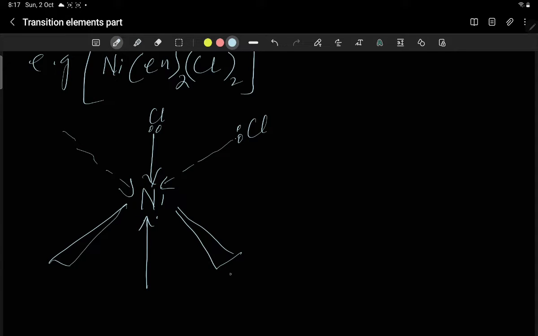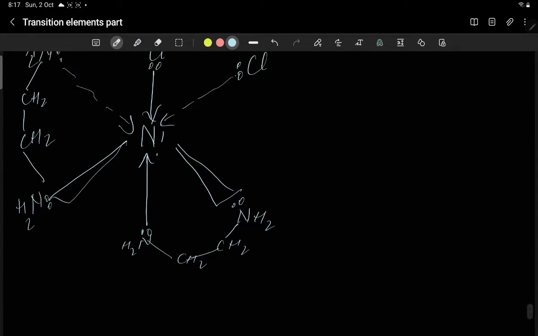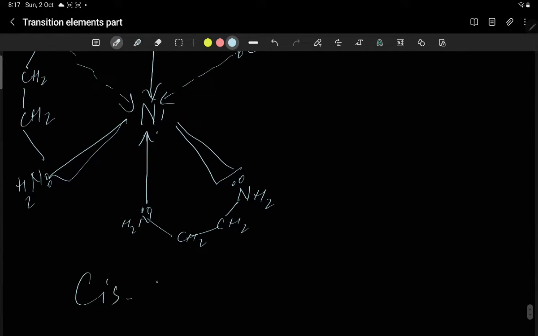So NH2 CH2 CH2 NH2 and NH2 CH2 CH2 and N. So this is cis isomer of octahedral geometry.